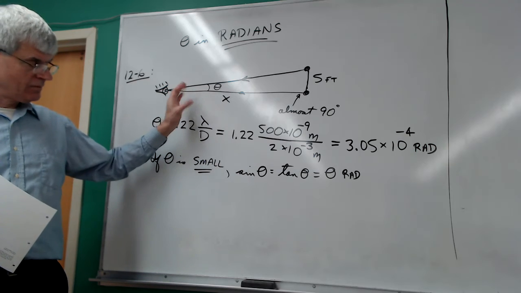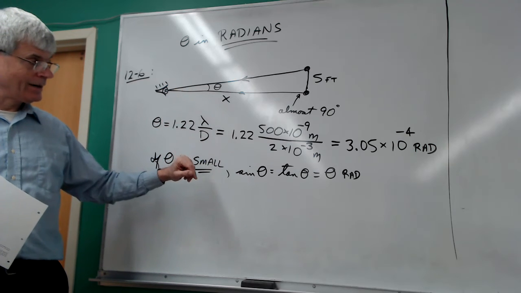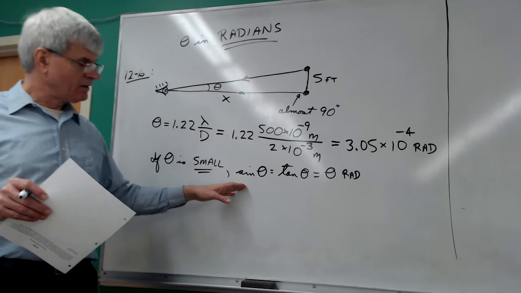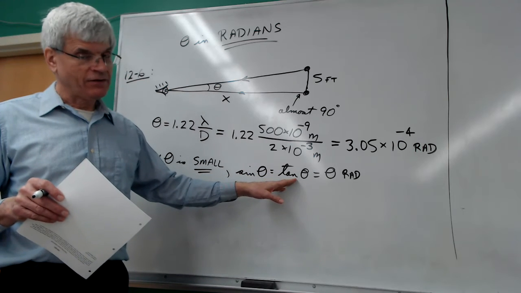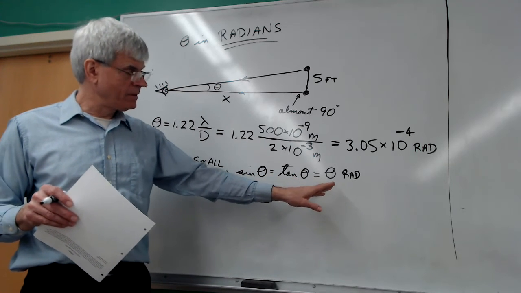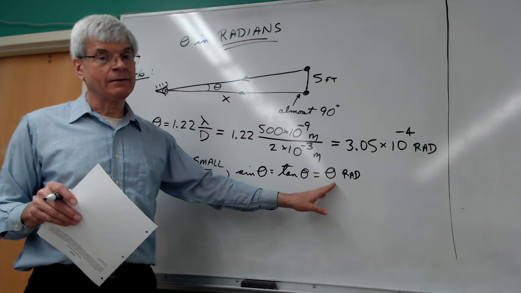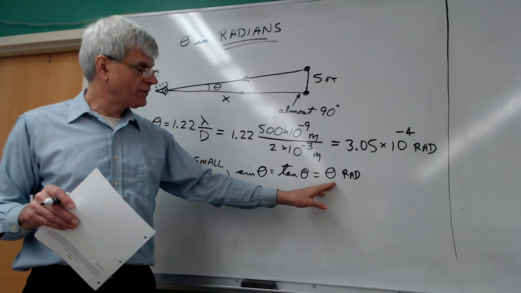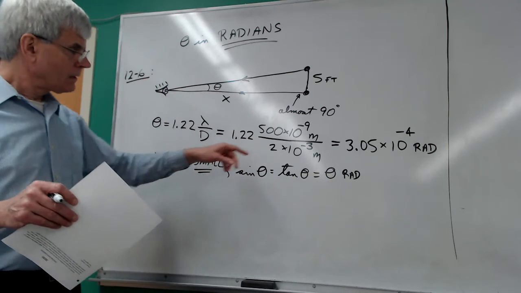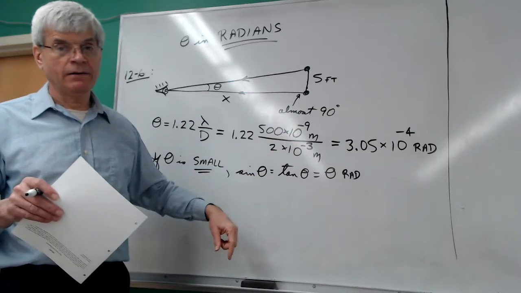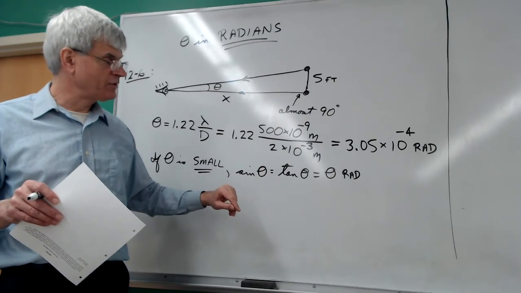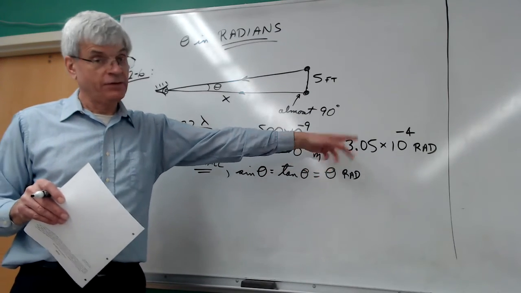And when you're pretty close to zero like that, the sine of an angle is just about the same as its tangent, and both of them are pretty much equal to the angle itself in radians. So go ahead and punch up the tangent of that angle if you don't like approximations, but when you do, this is what you're going to get.